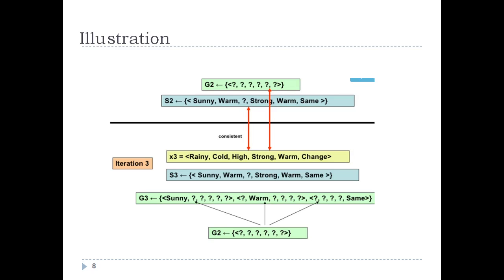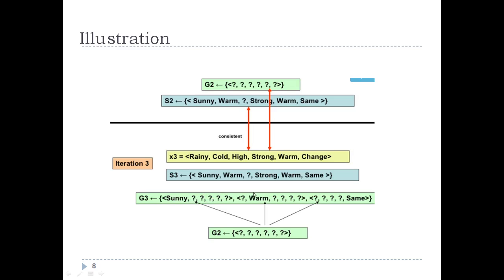In S2 we have sunny, and here it is rainy. So in G3 we will make the change as sunny, and all other attribute values as question marks.